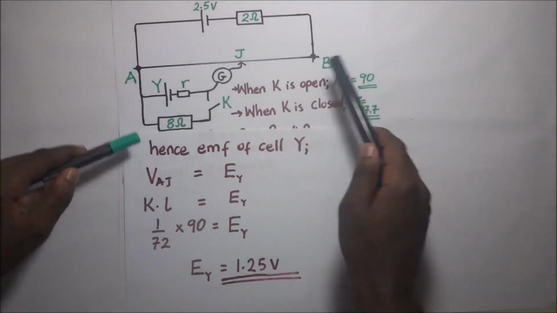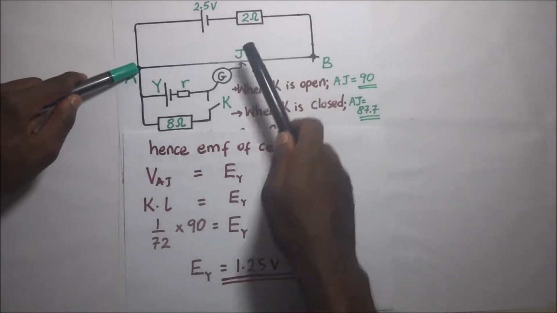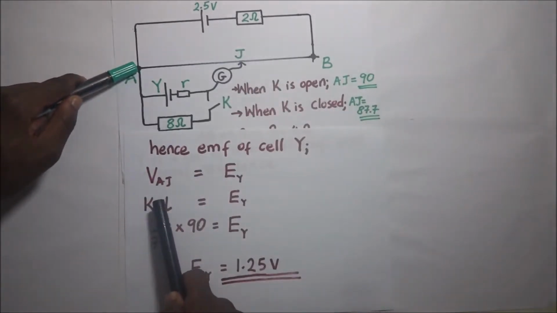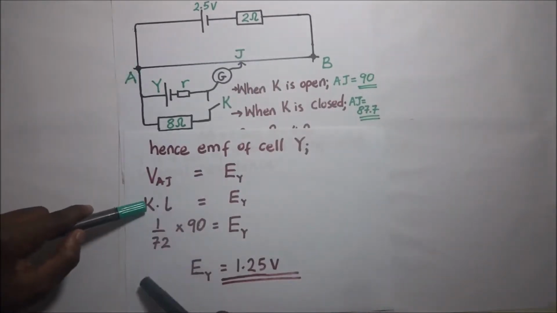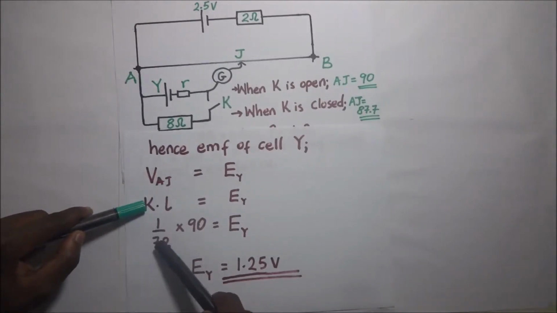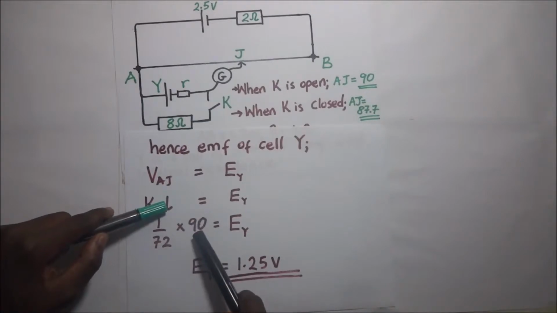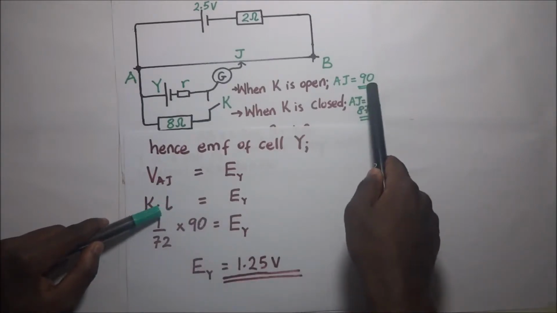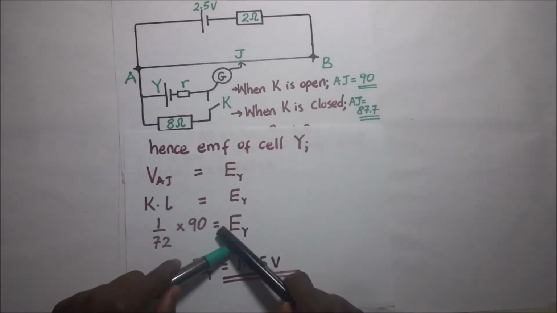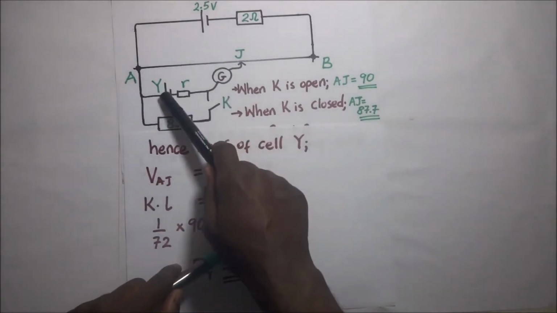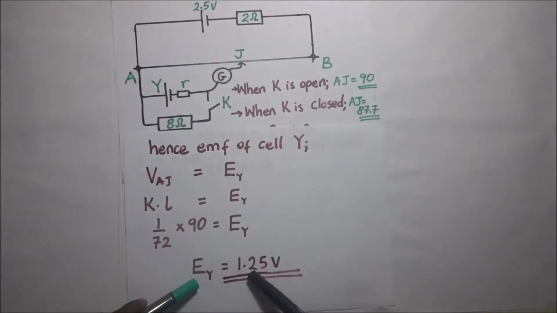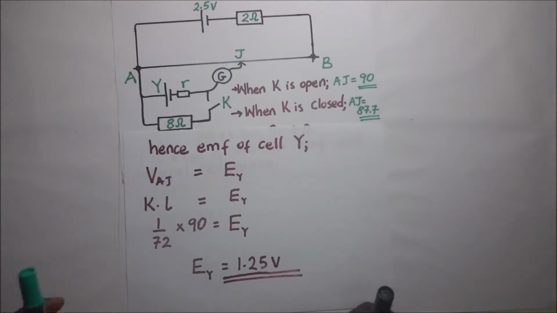The potential difference across this balance length is equal to the PD per unit length, 1/72 volts per centimeter, multiplied by the balance length, which is 90, given in the question. And we get the EMF of cell Y, which we are looking for, and our answer here is 1.25 volts. So that is the first part of that question.